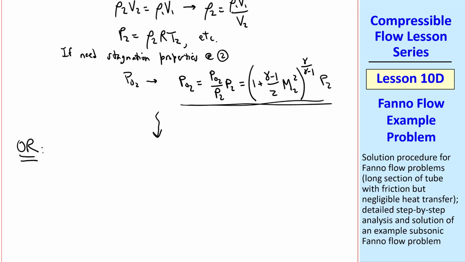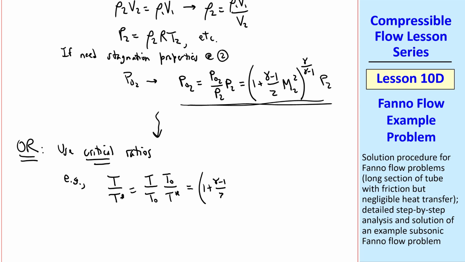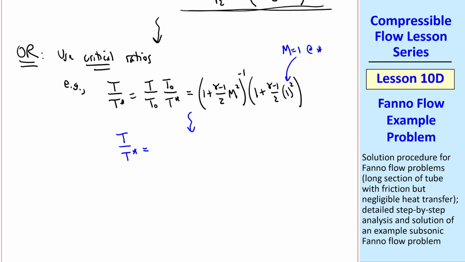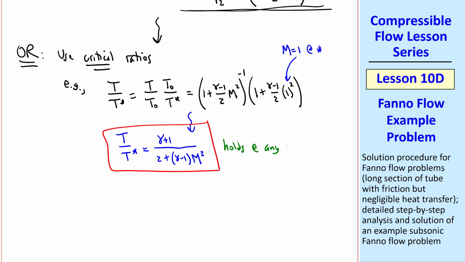Or I'll give you an alternative way to calculate the properties at 2. We can use critical ratios. For example, T over T star is equal to T over T0 times T0 over T star. We know T over T0, and T0 over T star is 1 plus gamma minus 1 over 2 times 1 squared, since M equals 1 at critical conditions. And a little bit of algebra gives us T over T star equals gamma plus 1 over 2 plus gamma minus 1 M squared. And this holds at any location along the pipe or duct.